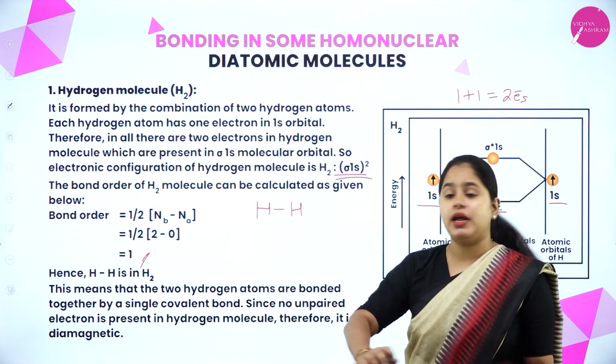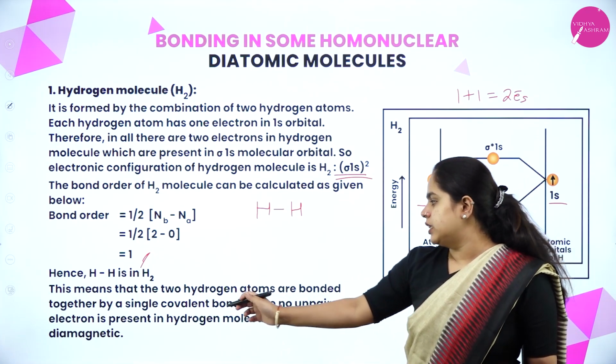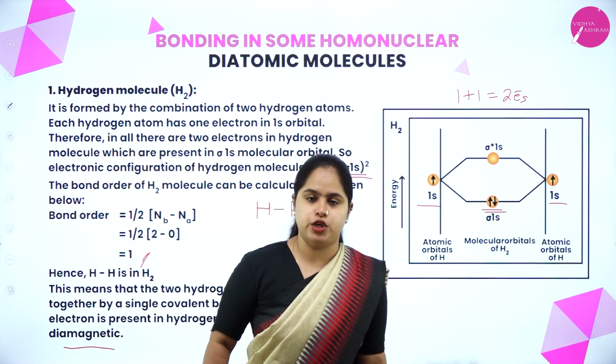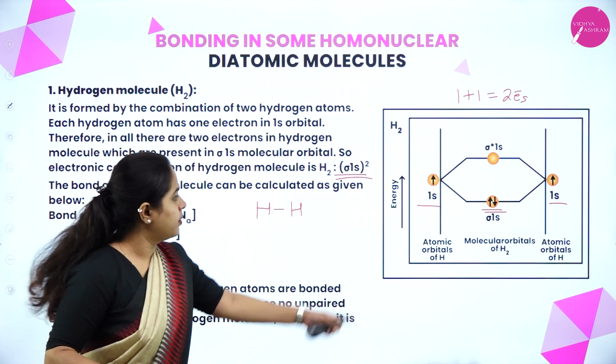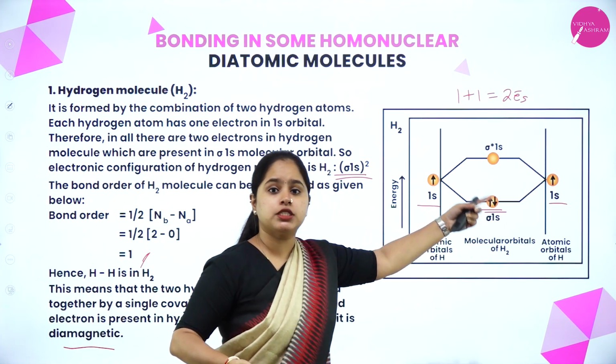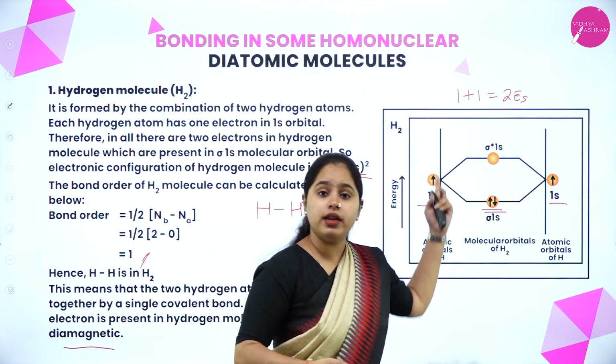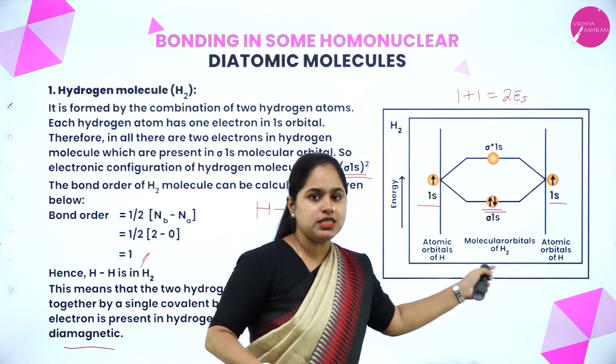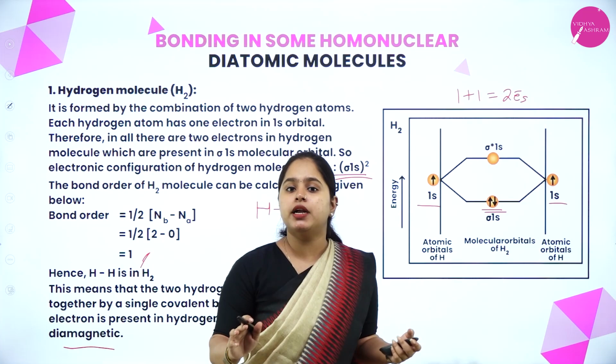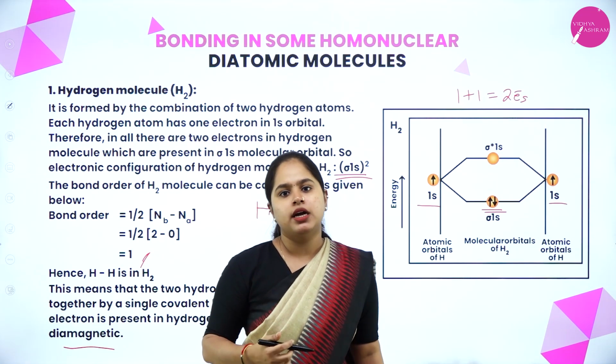And since no unpaired electrons are present, it is a diamagnetic molecule. In this molecular orbital, both electrons are paired, and in the anti-bonding one no electrons are present. So whatever electrons are present, they are paired, so the molecule will be diamagnetic.